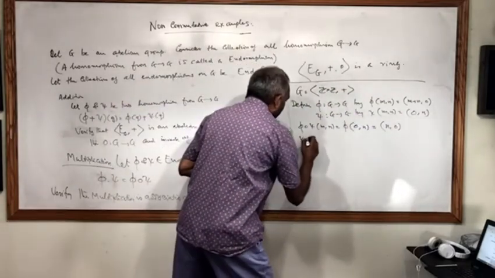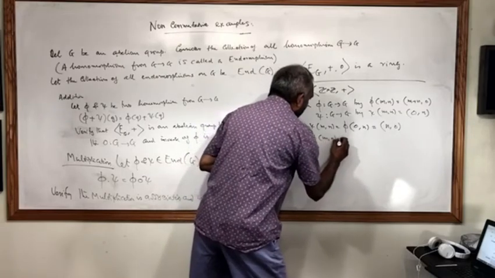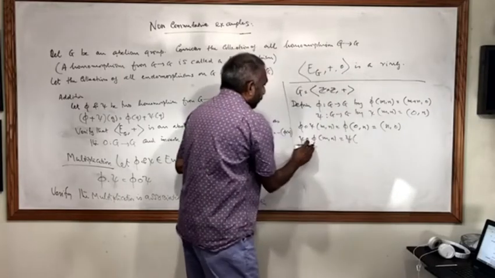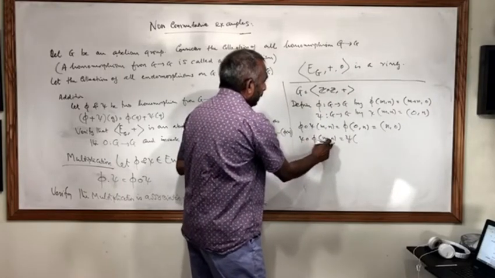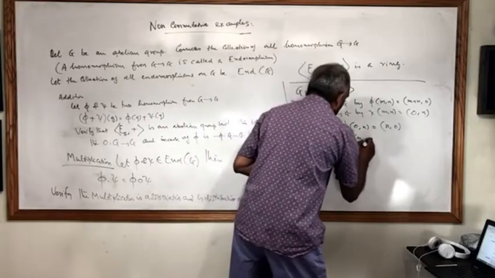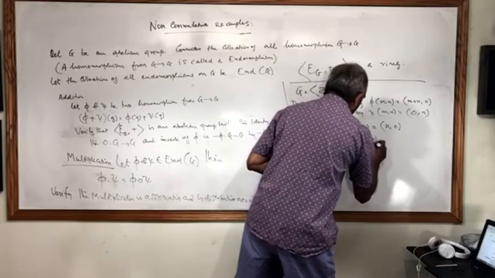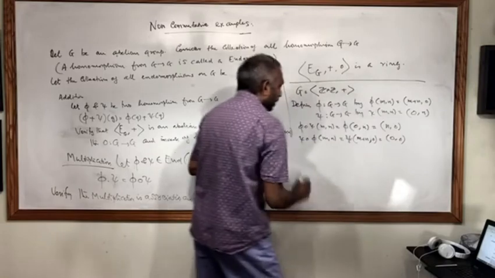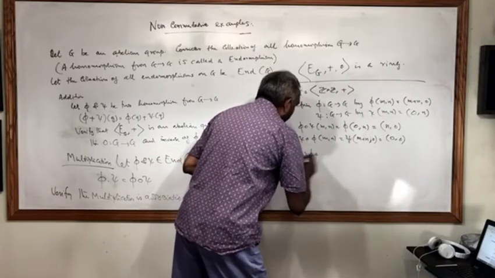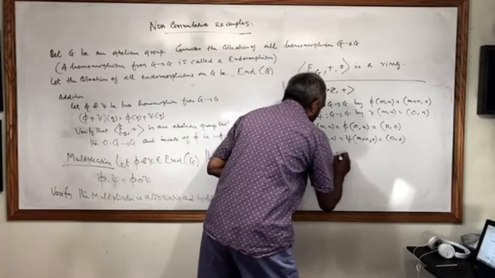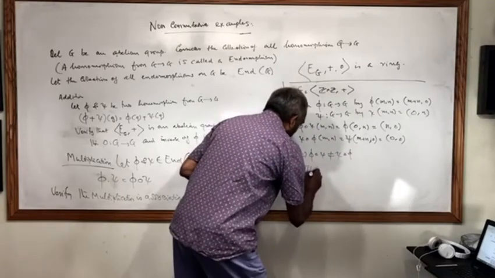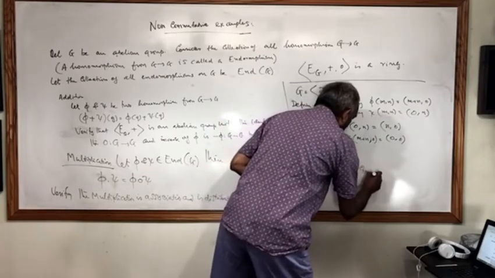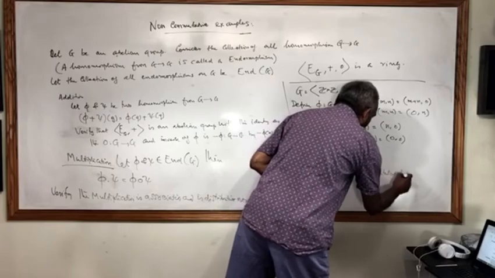And psi after phi of (m, n) is psi of (m plus n, 0), and psi of this will be (0, 0). That implies phi after psi is different from psi after phi. So this is a non-commutative ring.